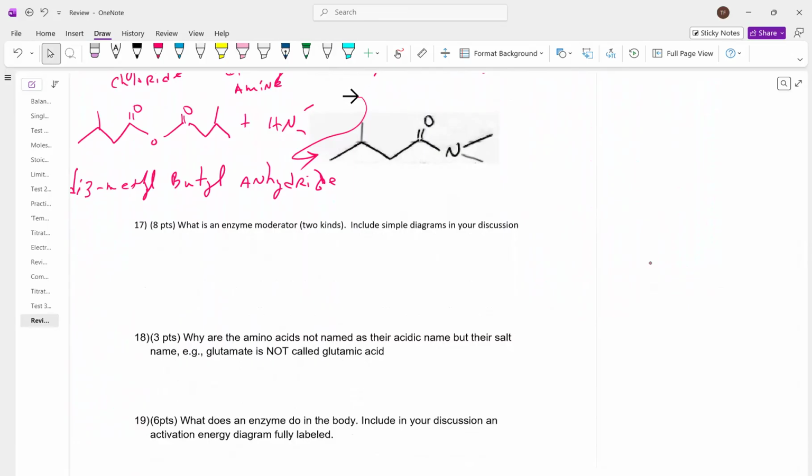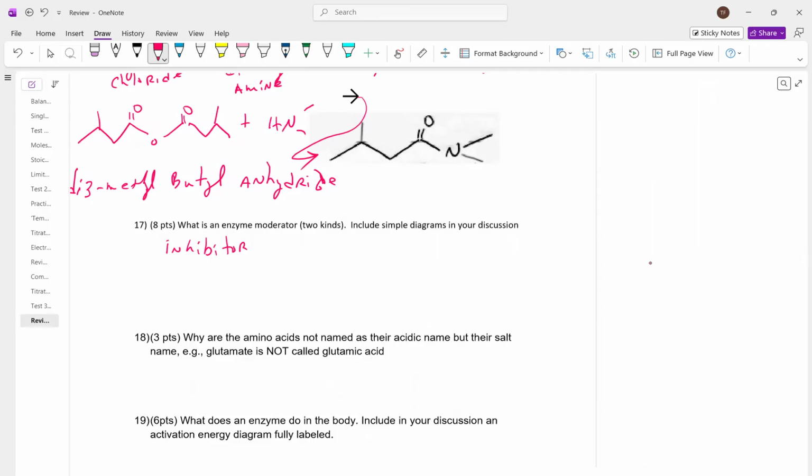Okay, what's an enzyme moderator? Two kinds. Well, there's an inhibitor and a mental block for the second one. It speeds up the reaction, but there's a name for it though. Well, the whole enzyme is acting like a catalyst.